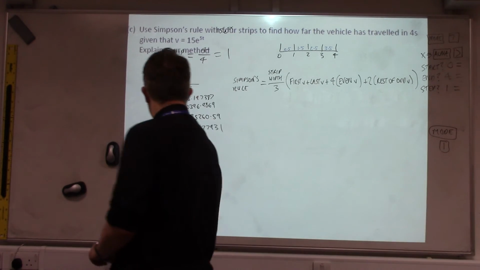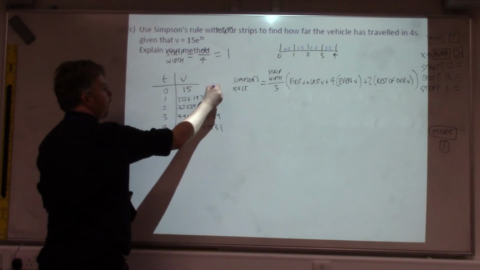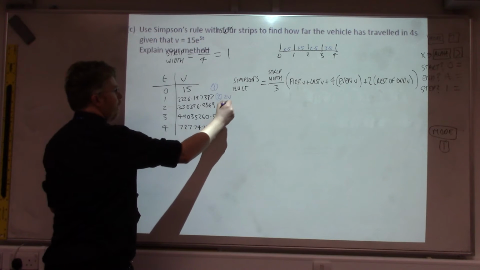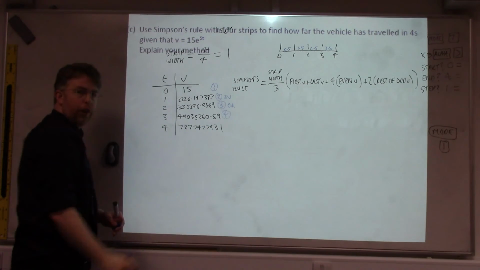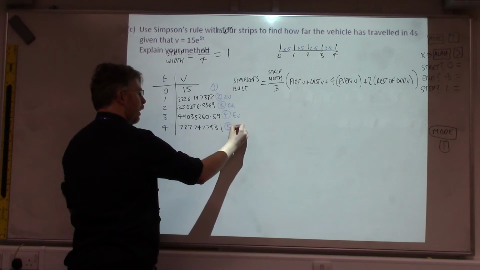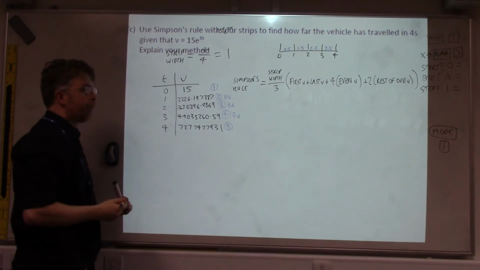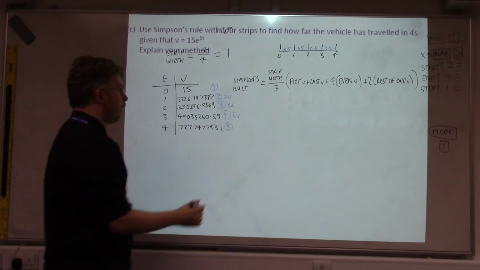The even and the odd relate to positions: the first, second, so that's even, third, so that's odd, fourth, so that's even, fifth, so that's the last. First and the last we don't count in the rest of the odd, they're already counted.